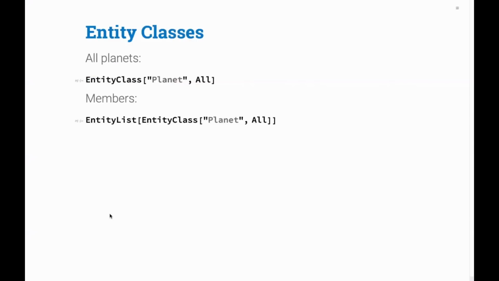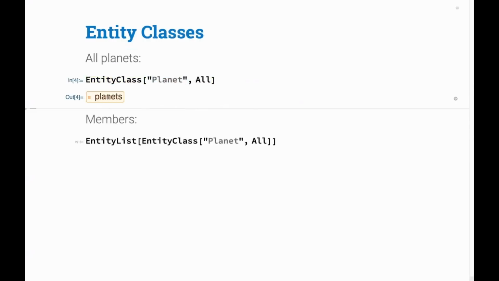So the next concept is entity classes. And what is an entity class? An entity class is a collection of entities. Here we are talking about the class of all planets. If you evaluate it, you already might wonder, why did it not work? But again, it worked exactly as it should be. It did nothing. It just formatted nicely.